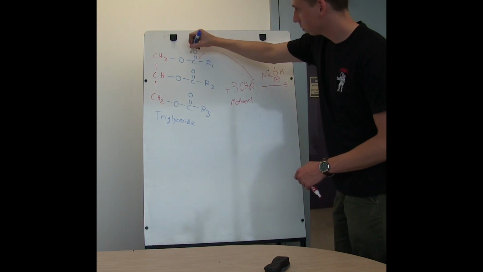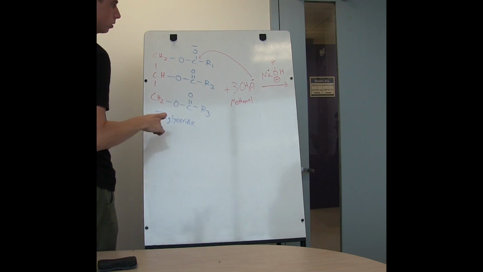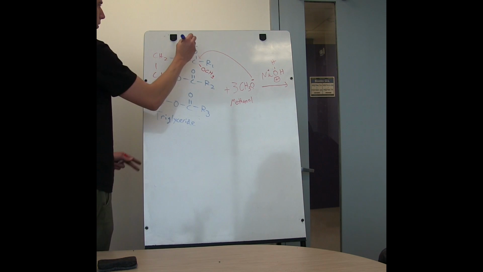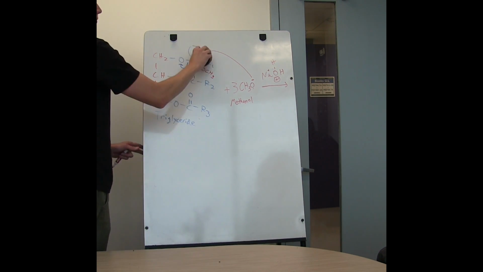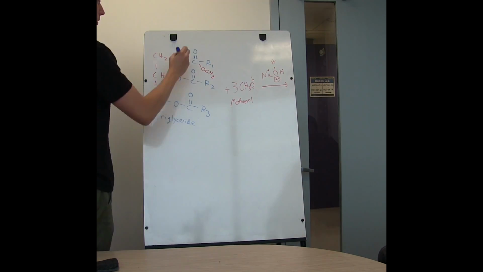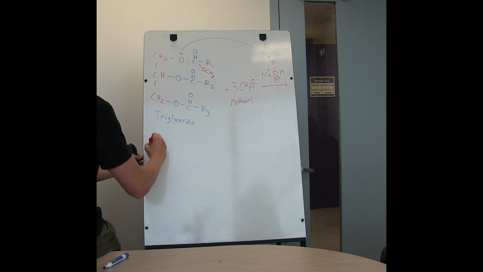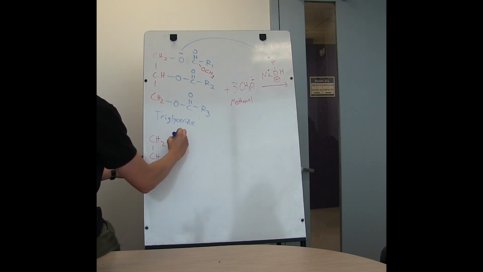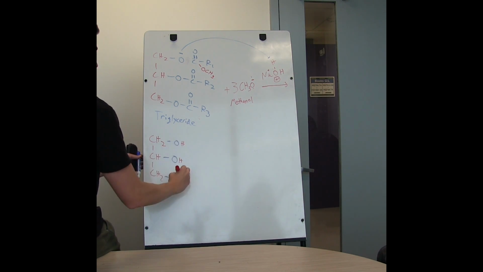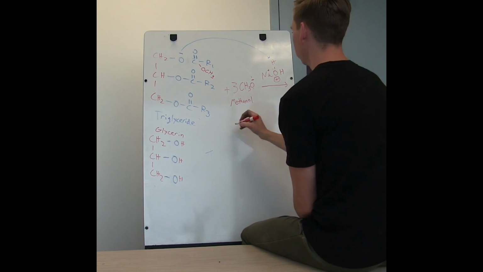This alkoxide anion then attacks the carbonyl group on the triglyceride. The carbonyl group then reforms, kicking off glycerin, a trialcohol, and 3 fatty acid methyl esters, which are the desired biodiesel products.